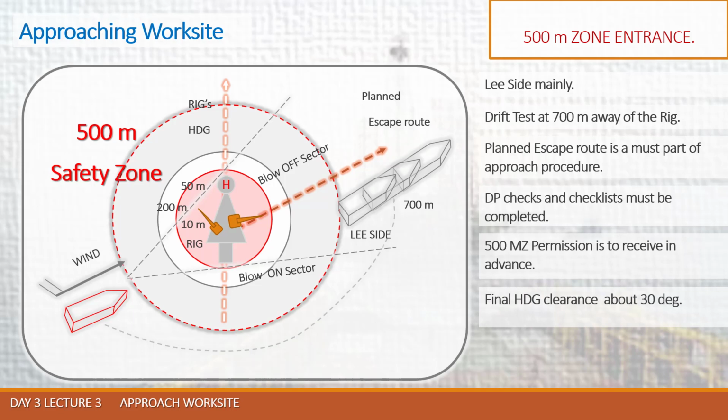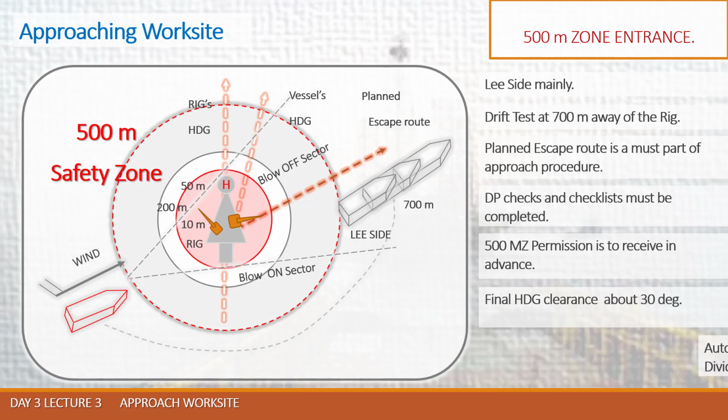Then, the operator should divide the maneuver into steps and proceed in the appropriate mode with appropriate speed limits, and the main target for the DPO is to prepare the vessel for auto position at a safe distance. Normally this is about 200 meters from the rig.